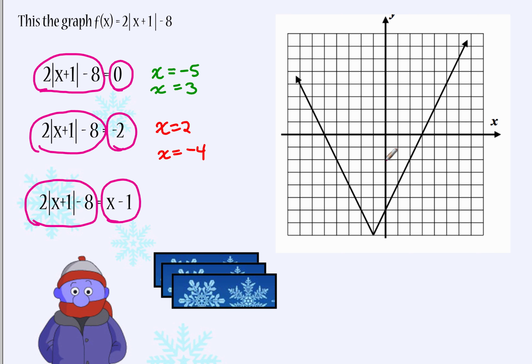Well, I'm going to graph it. Here's -1 right here. I have a slope of up 1, over 1, up 1, over 1, up 1, over 1, up 1, over 1, up 1. There's an intersection right there. And if I were to graph it the second way, there's my second intersection. So where x is -3, and where x is 5.